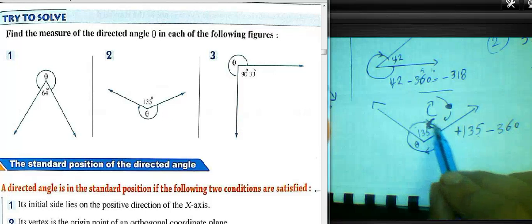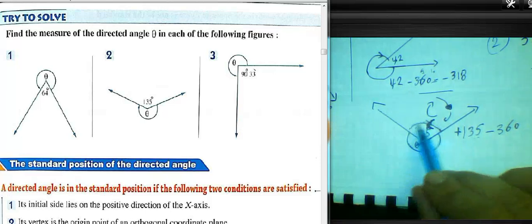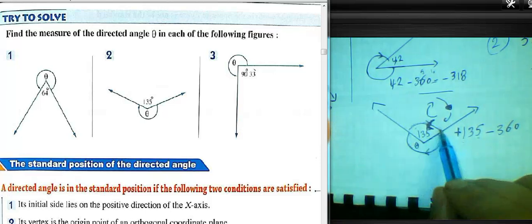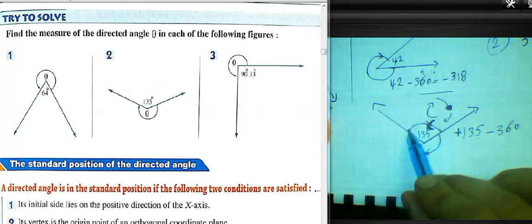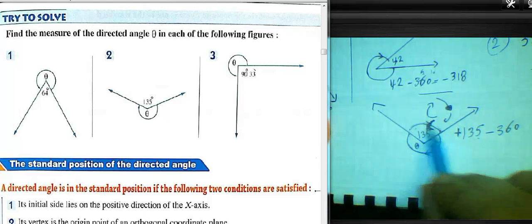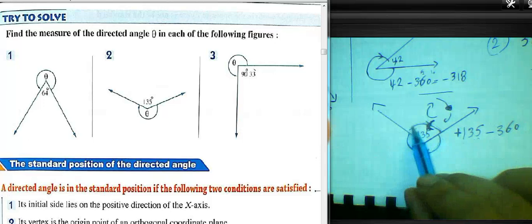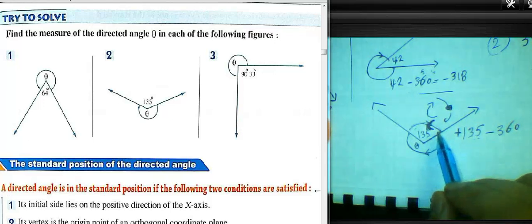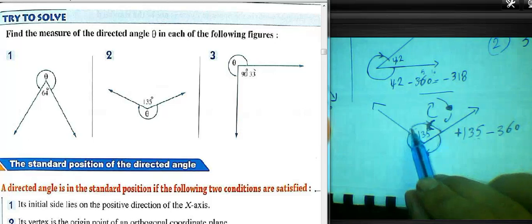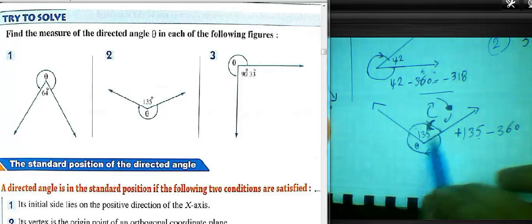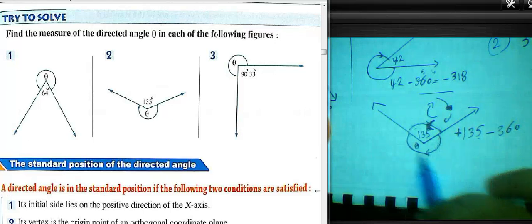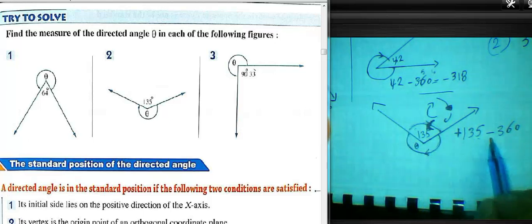This direction is the inverse of clockwise. This is anti-clockwise, so we will write positive 135, and for the direction with clockwise, you must put negative 360 here.